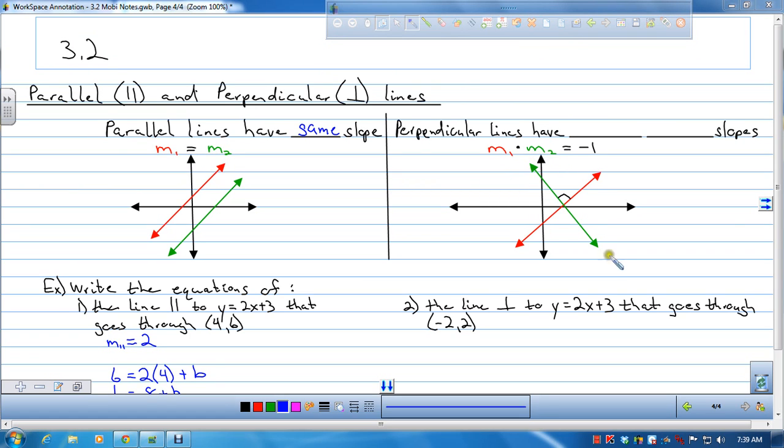Perpendicular lines, you'll see, form a 90-degree angle right here, right? Well, obviously those slopes aren't the same, but they do have a relationship. They are what are called negative reciprocals.